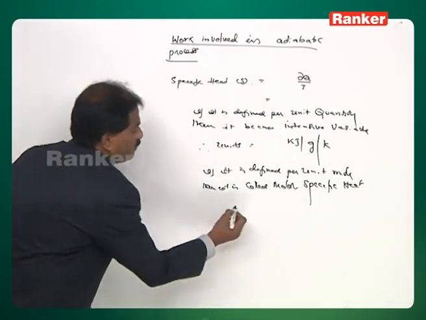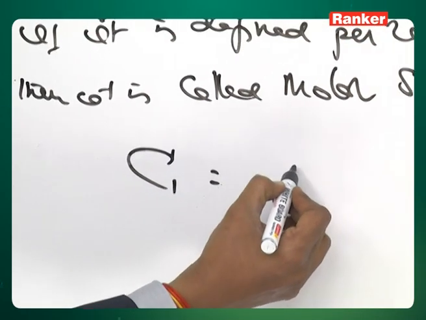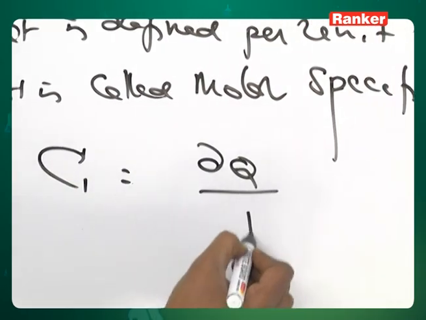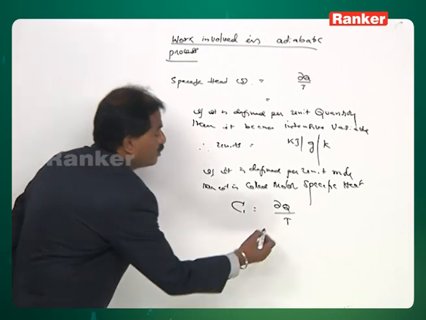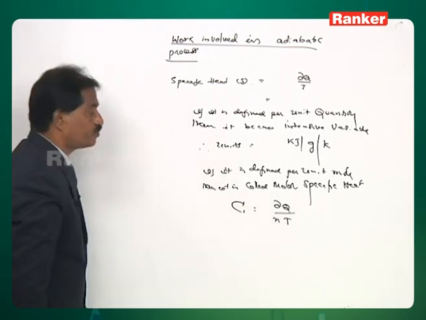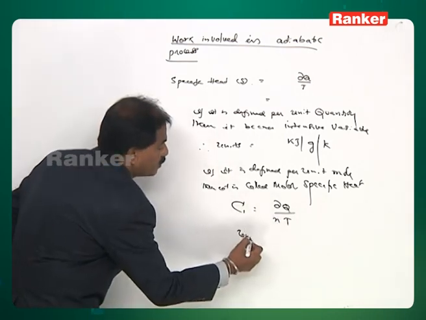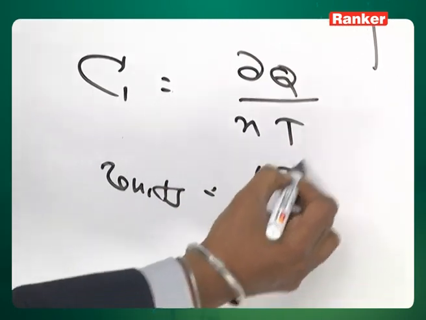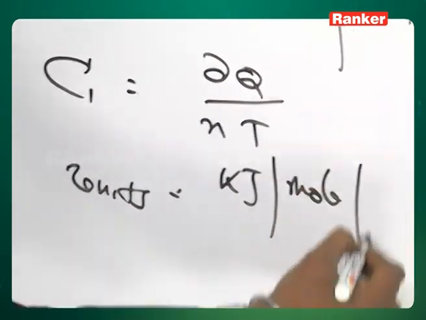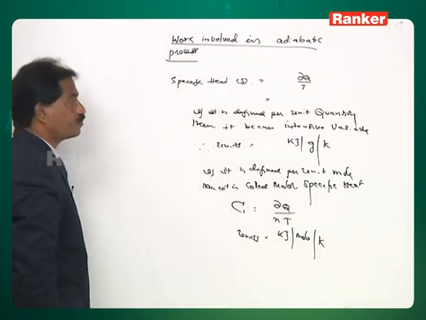The molar specific heat is represented with C. It is dQ by dT. Here n, this is per mole. Therefore, units: this is kilojoules per mole per Kelvin.